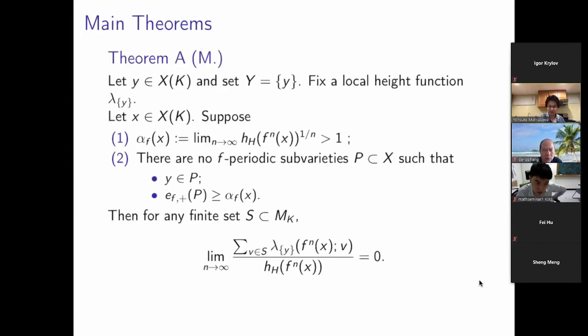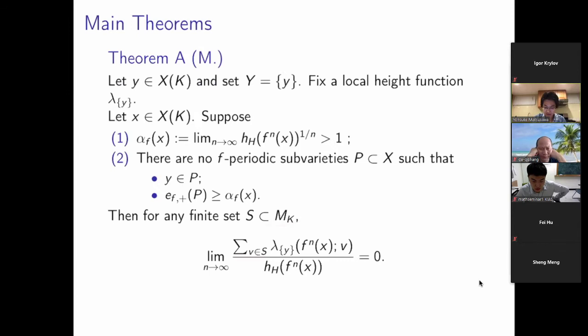So let's go back to our main theorem. This theorem says if Y is not contained in a periodic subvariety at which F is highly ramified. So if Y is contained in such subvariety, some orbit could be attracted to such kind of periodic subvariety, and then we cannot expect this kind of limit goes to 0. So this is a really necessary assumption.